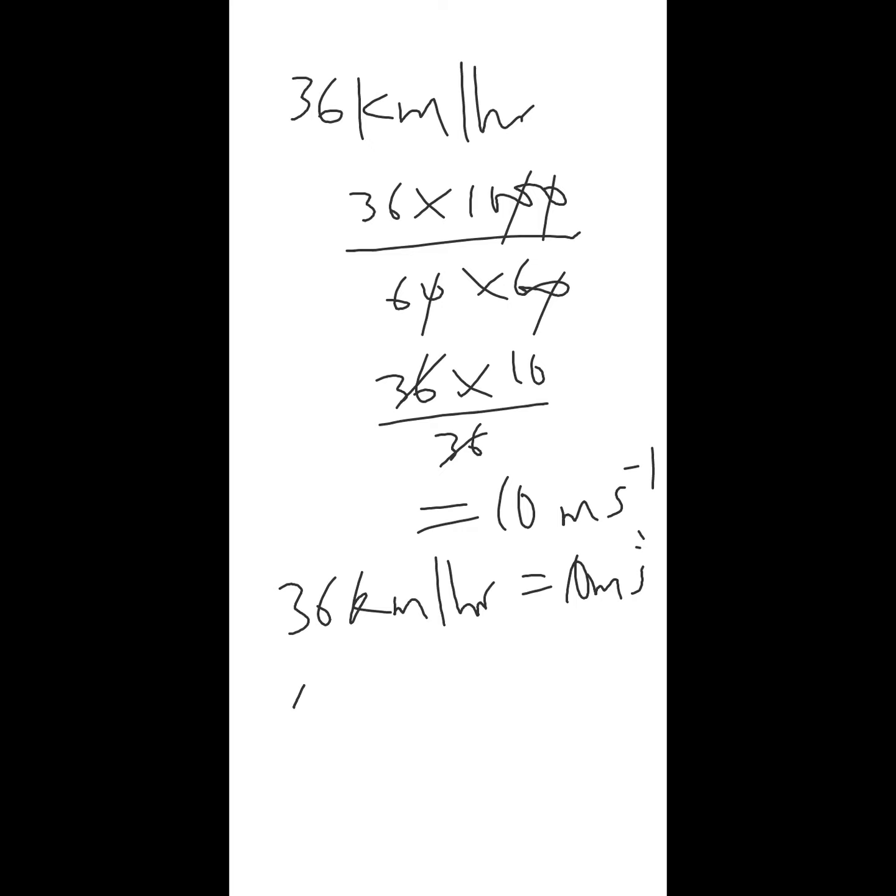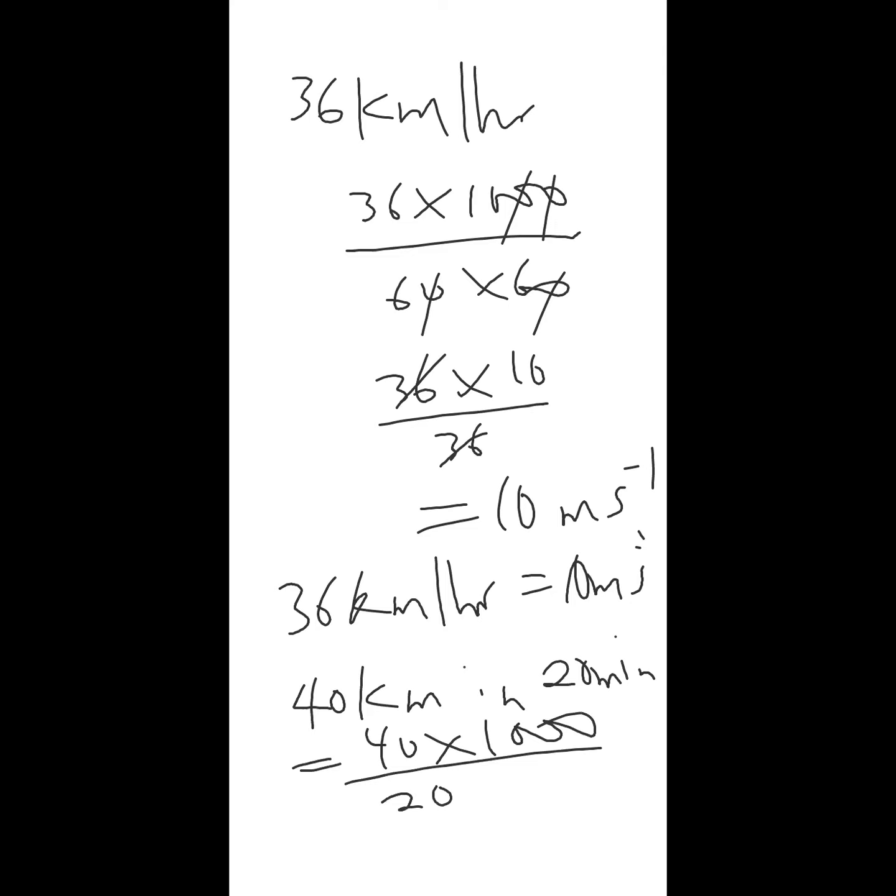For the question now, 40 kilometers in 20 minutes will be equal to 40 times 1,000 meters all over 20 times 60. 1 minute is 60 seconds, so 60 seconds times 20, that's what you have for 20 minutes. So this one can cancel this one. 20 here, 1; 20 here, 2. So I have 2 times 100 over 6. That is 200 over 6.